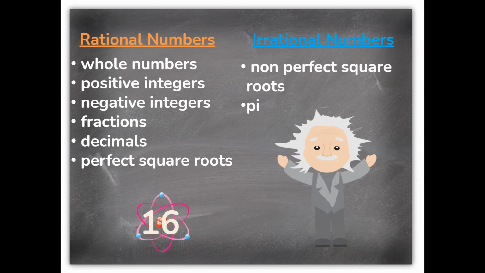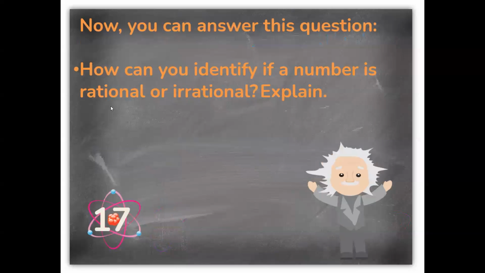Or you can look for irrational numbers and turn everything into decimals and see if that decimal repeats or see if that decimal does not repeat and it does not end. So if it meets those two requirements, then it is going to be an irrational number. If you have a decimal that does repeat or it does end like 0.7, then it's going to be a rational number. So those are the two main ways that I can see to do it.